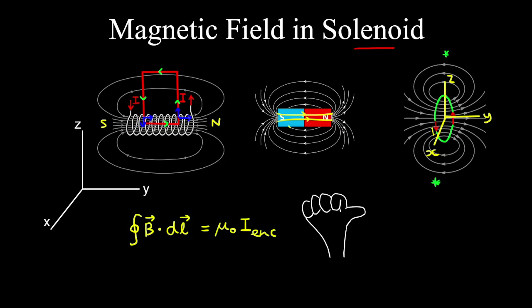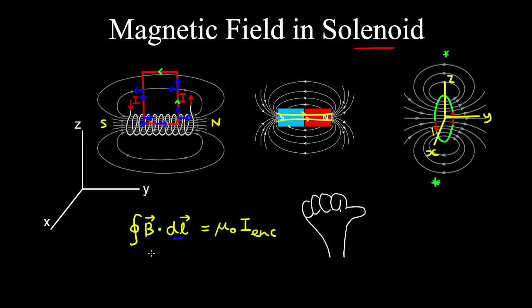So the magnetic field lines are essentially perpendicular to this entire edge of the loop. So even a weaker magnetic field at these points is going to be essentially perpendicular to these edges, and we neglect them. So we only have the magnetic field vectors along this edge of our Amperian loop being parallel with the differential length vector.